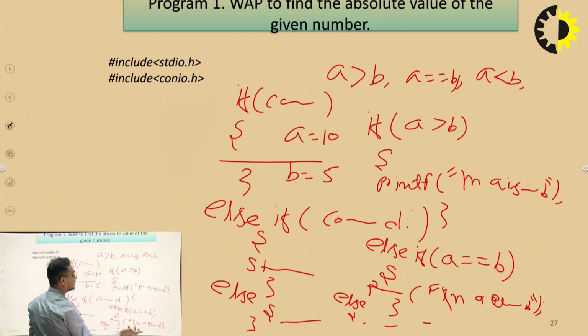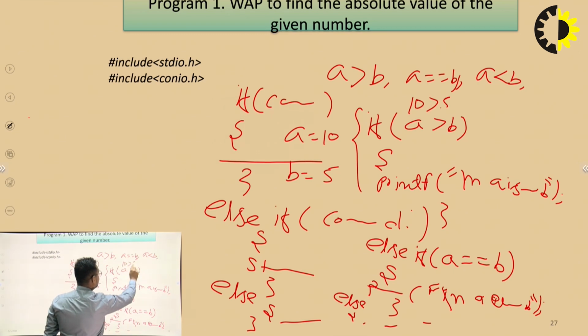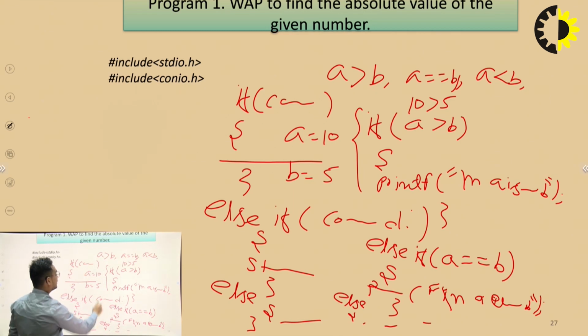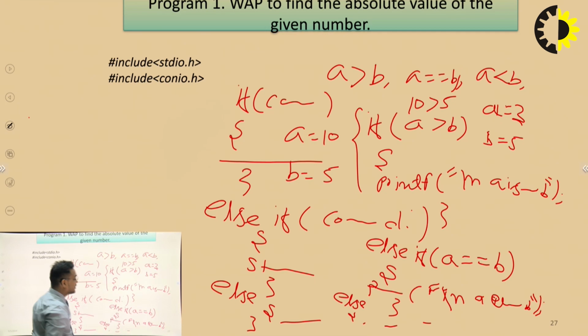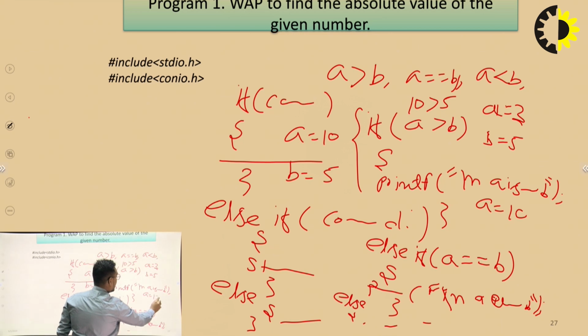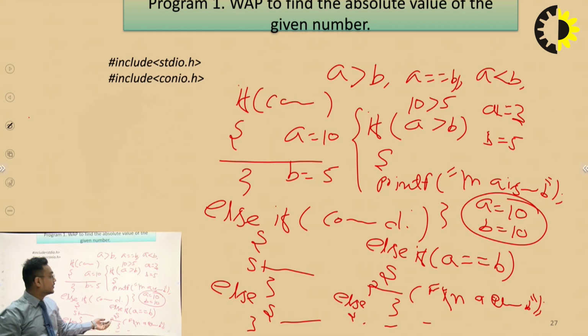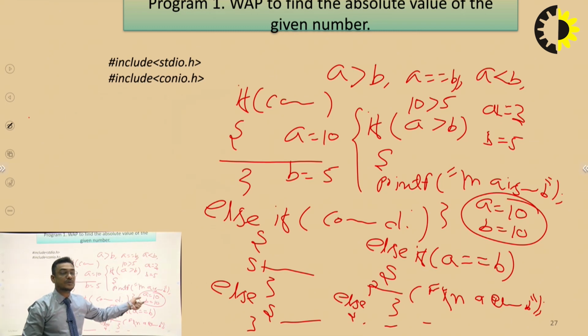Then the output goes to the first section because 10 is greater than 5, so your output is A is greater than B. If you give A equal to 3 and B equal to 5, then it goes to the else section and prints B is the greater number. Now if you give A equal to 10 and B equal to 10, both are the same, so the output is A is equal to B.